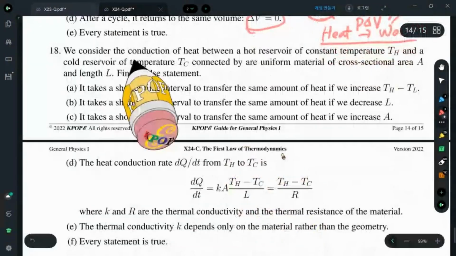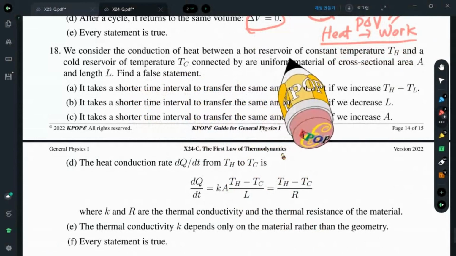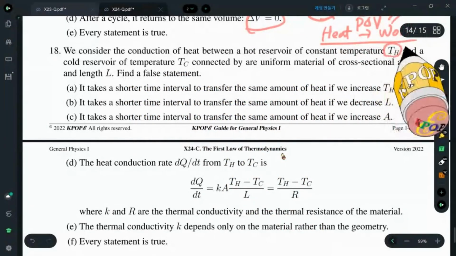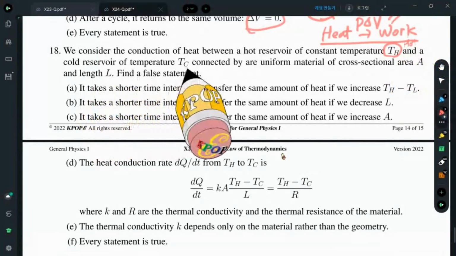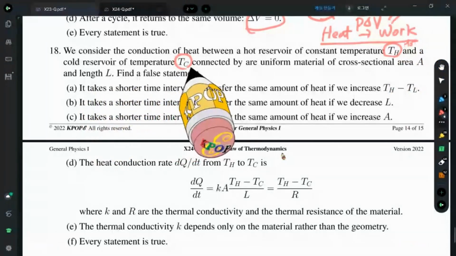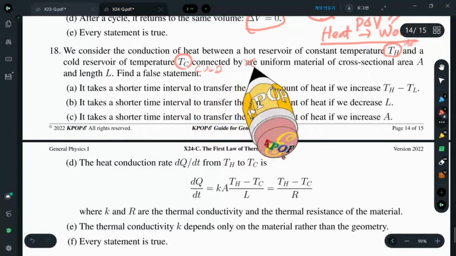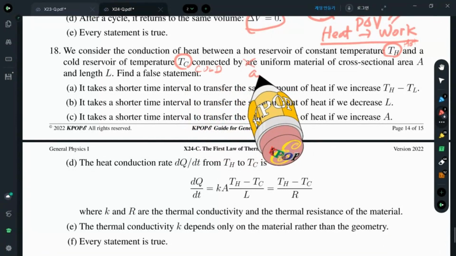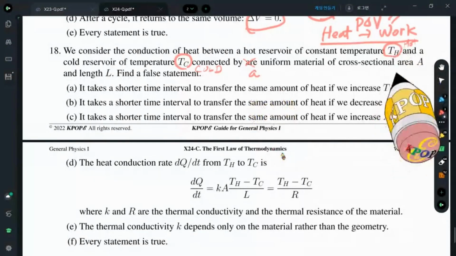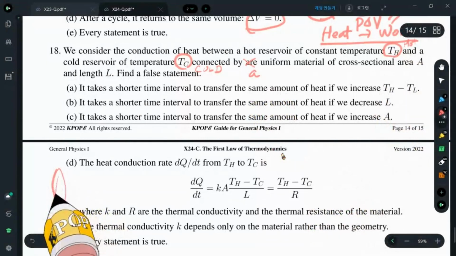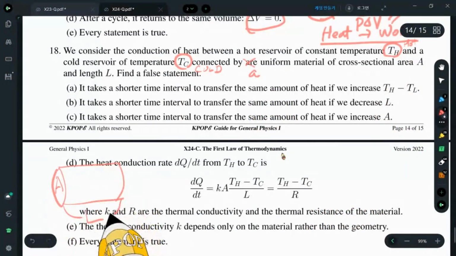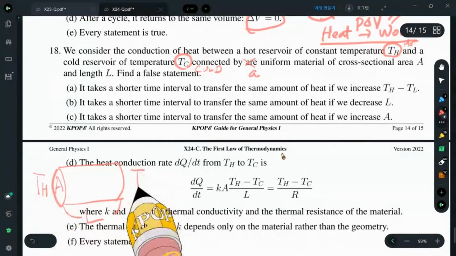18. We consider the conduction of heat between a heat reservoir of constant temperature TH, this is hot, and a cold reservoir of temperature TC, it's cold, connected by a uniform material of cross-sectional area A and length L. We have temperature TH, hot and cold.